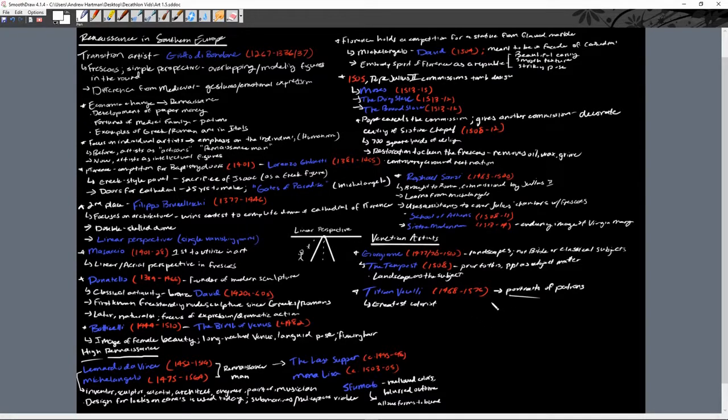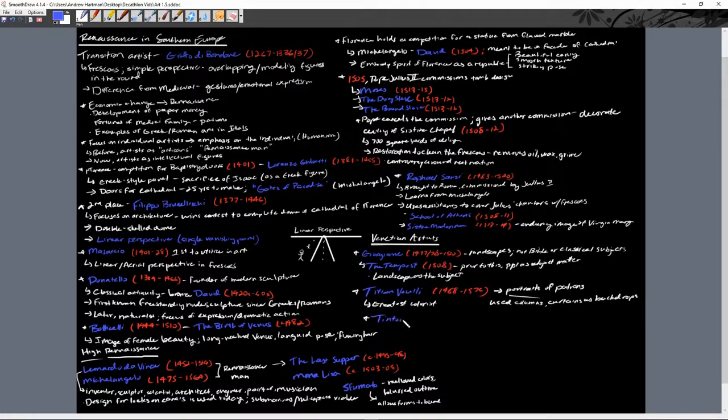So he would use columns, he would use curtains as backdrops, which is very unique of him, instead of using neutral backgrounds. And then we can see that influence for quite a long time. Okay. I did not get a painting from Titian, though, unfortunately.